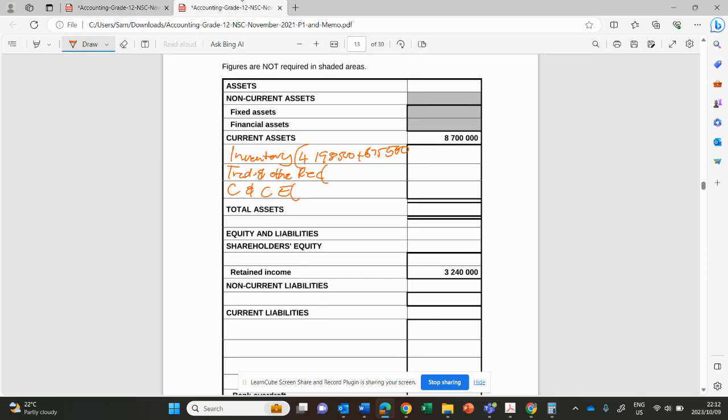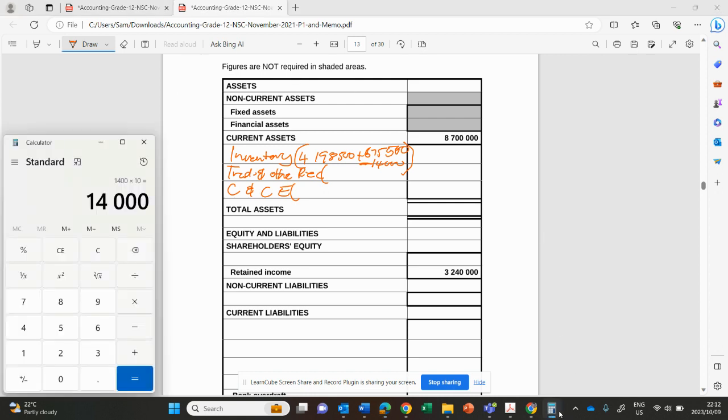So now it will be minus 14,000 because it's returned. Returned will decrease the inventory. So now we can say 4,198,500 plus 675,500 then minus 14,000.